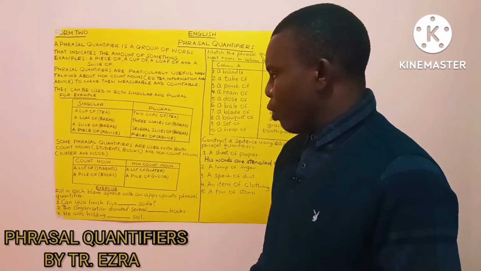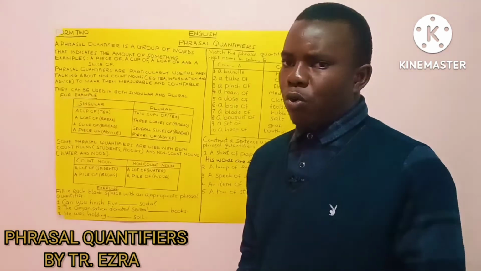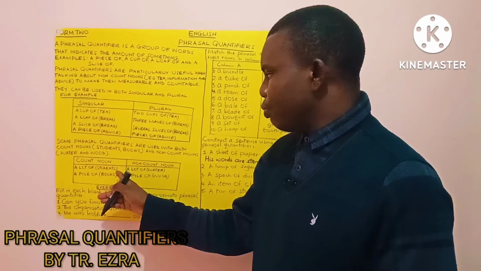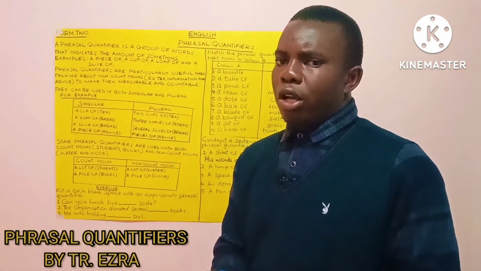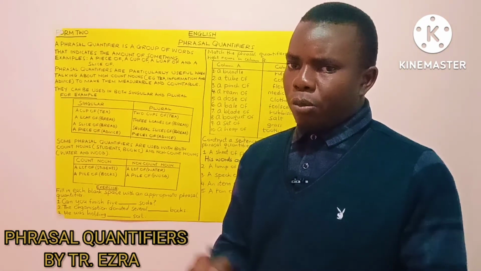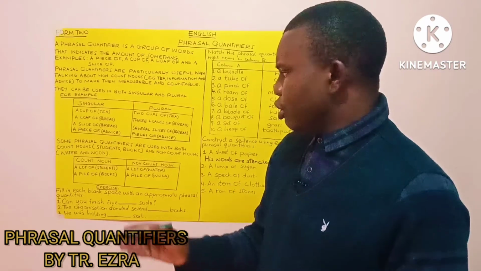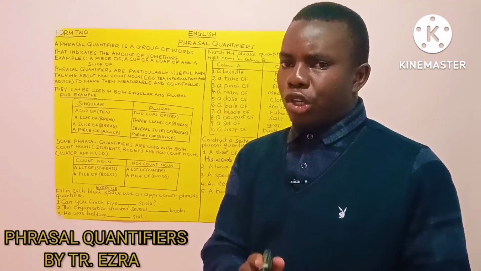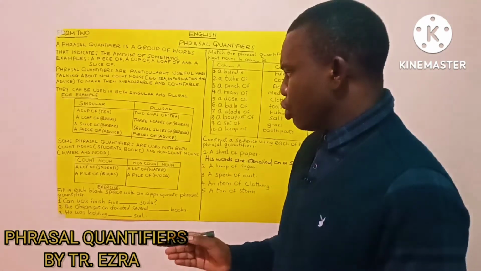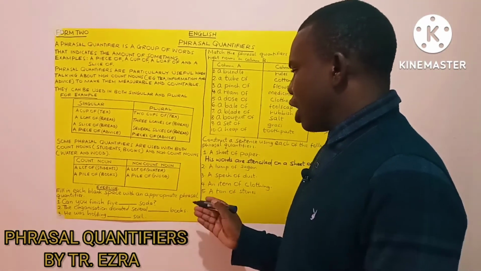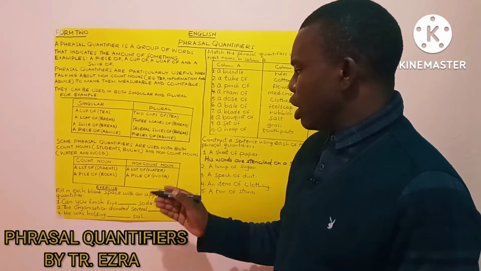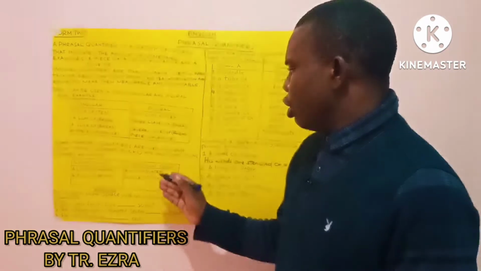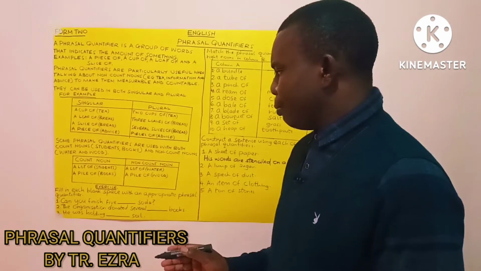The first example there, we have the phrasal quantifier being used, a lot of students. Student is a count noun. In plural, we have students. So we have a lot of as a phrasal quantifier being used with the count noun students. Used with a non-count noun, we see the same phrasal quantifier a lot of being used with water, a lot of water.